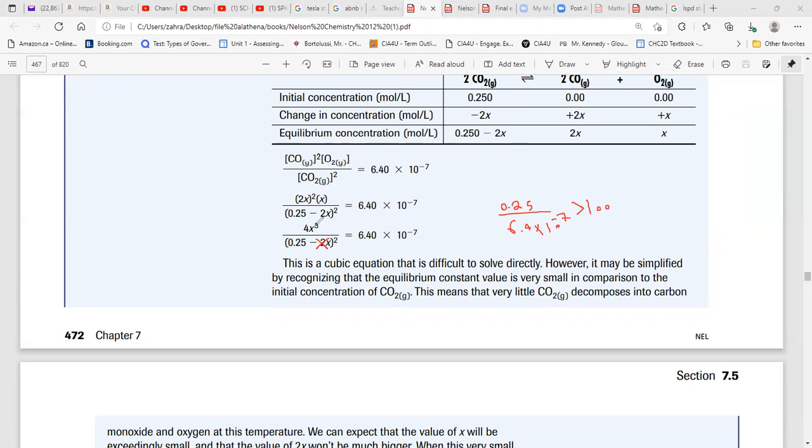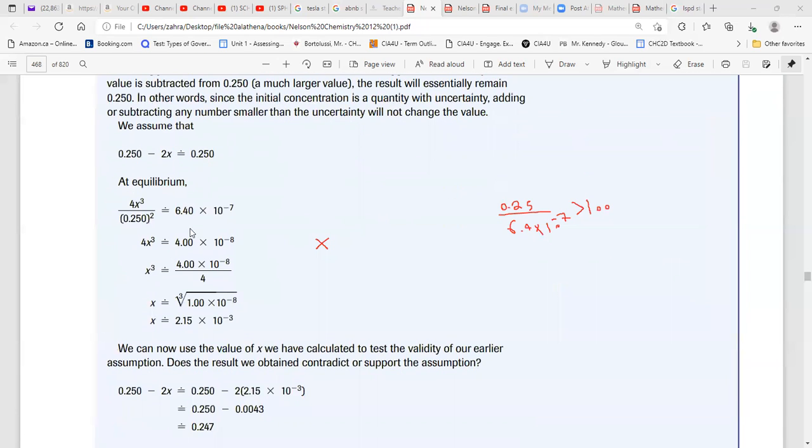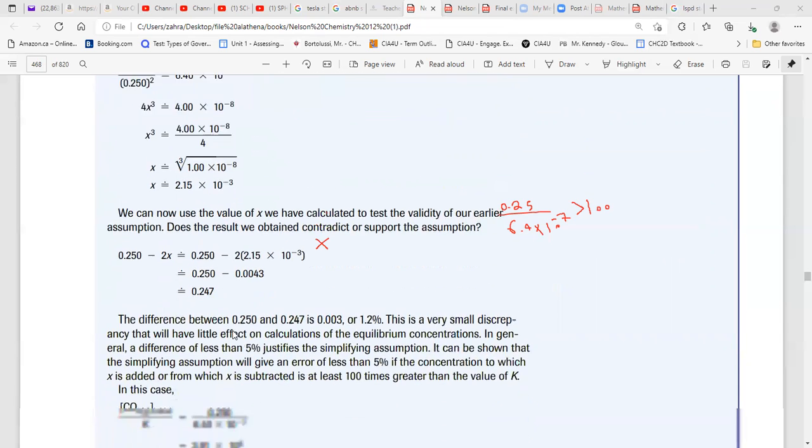And it's just 4x power 3 divided by 0.25 power 2 equal to this number. This is the 100 rule. See, we eliminate that 2x, and this is what we have. Then we cross multiply, we rearrange it for x, and you find x this way.